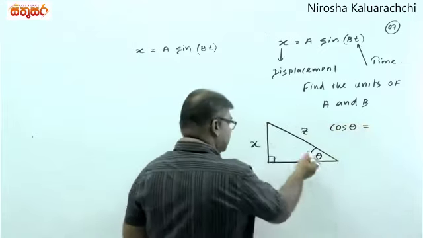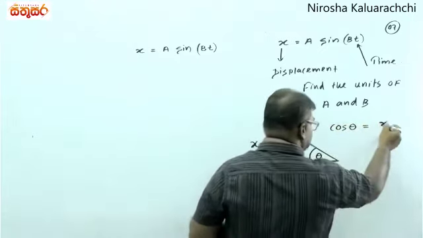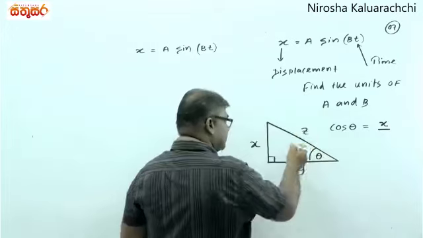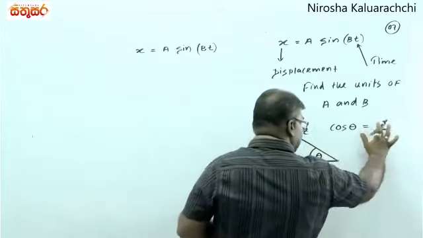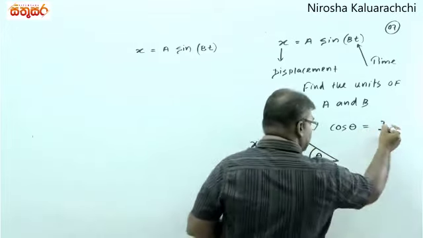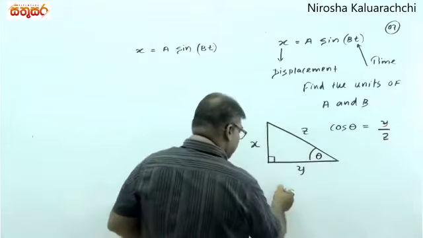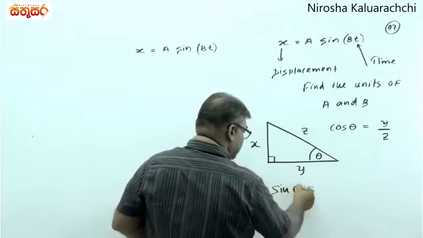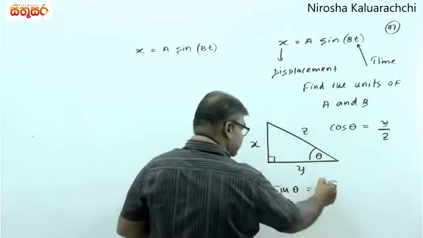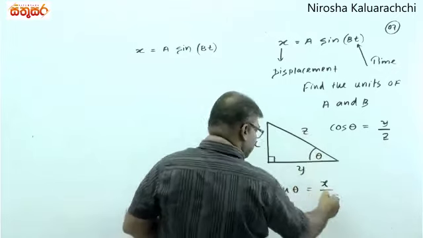Cos theta is adjacent y over hypotenuse z. Sine theta, opposite x over hypotenuse z.